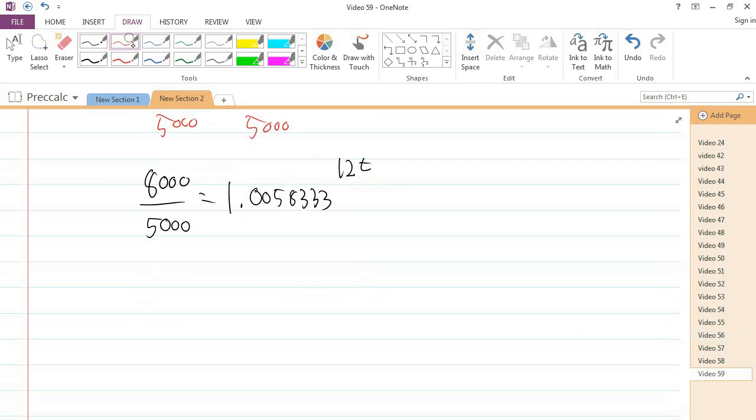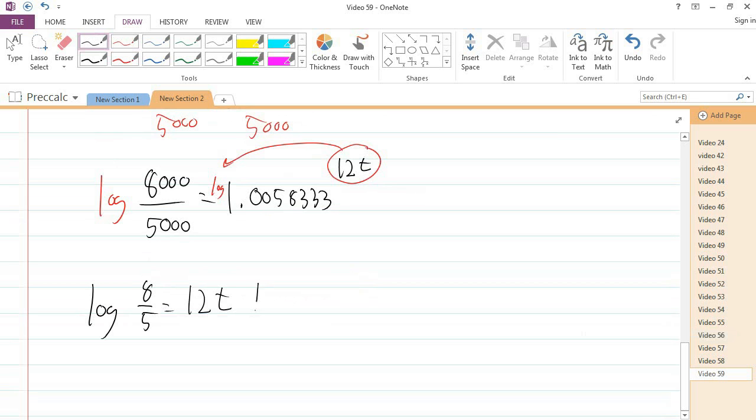So I'm going to take a log of each side. That's going to let me move this exponent out in front, so that I'm going to have log of 8/5, because this reduces, equals 12t times log of 1.0058333 rounded.